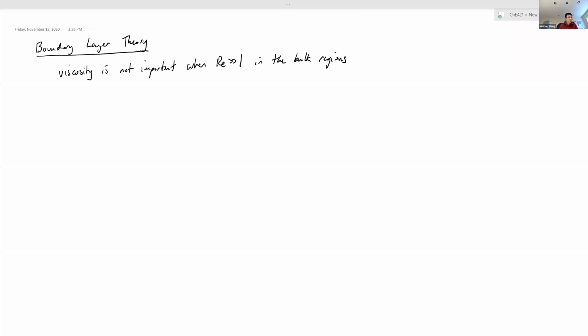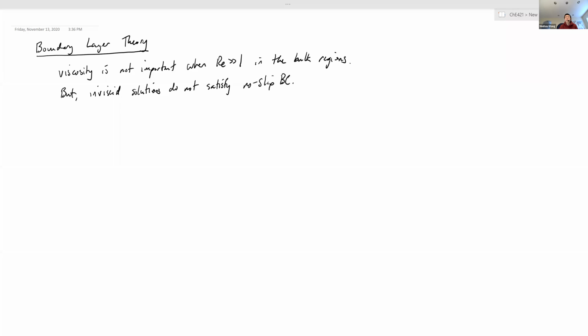But the inviscid solutions do not satisfy the no-slip boundary condition.